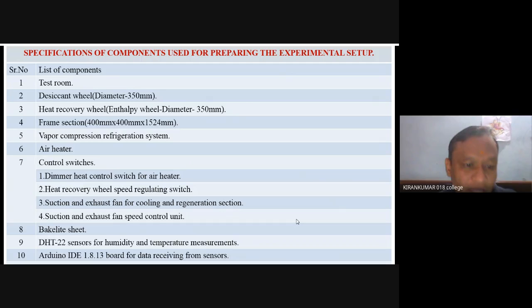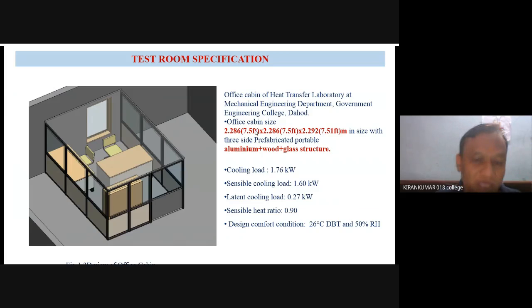There are also exhaust and suction fans for the dehumidification and regeneration sections, with variable speed operated through speed regulating switches for DC as well as AC.